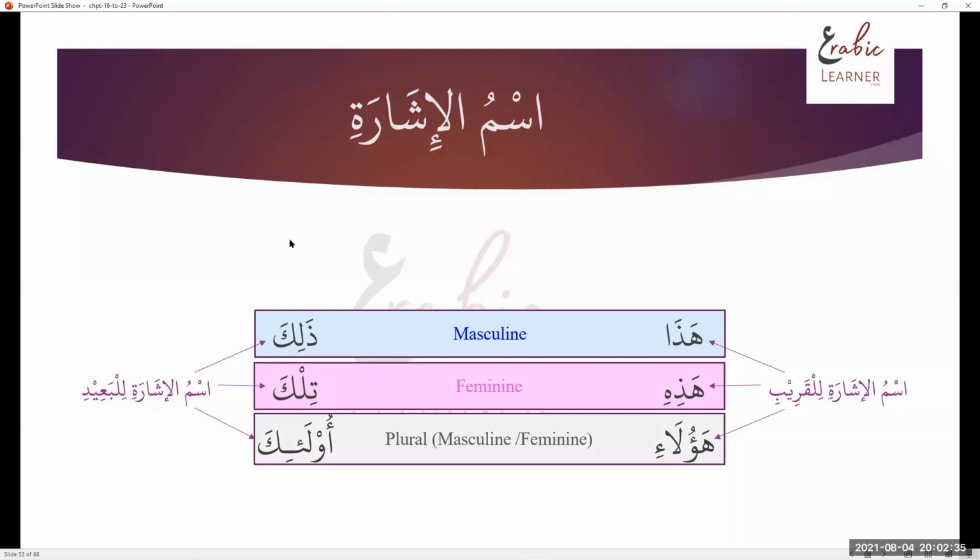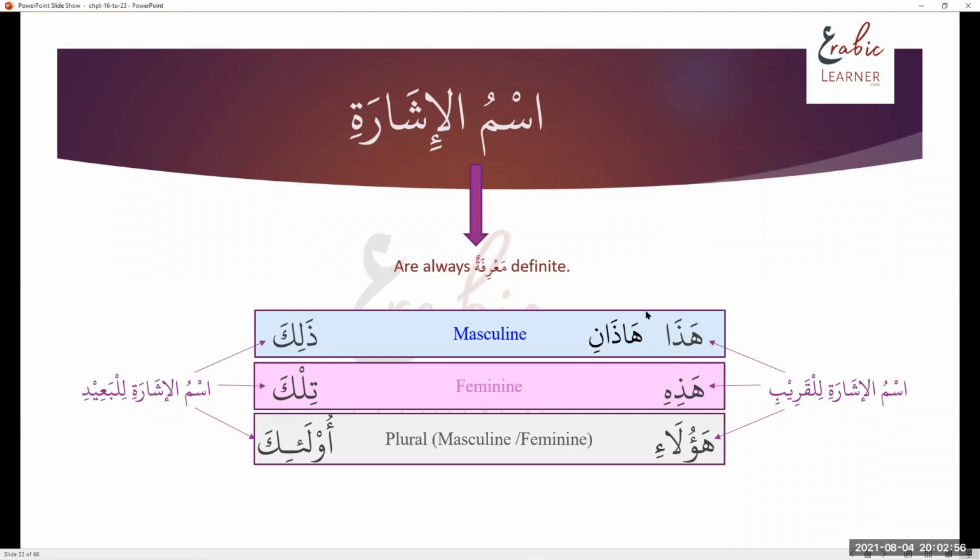Now, we have to know what are the Ismul Ishara for dual. So we have done it for singulars, Muzakkar Muannas, and Jama also has been done.